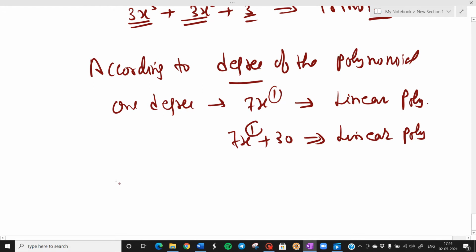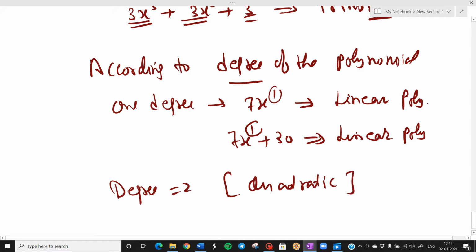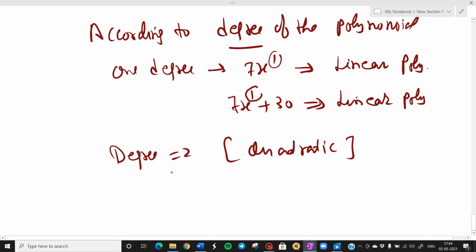इफ डिग्री इज टू, degree that is 2, that is said to be known as quadratic polynomial. We can say here, I'm writing here x square. Yes, its degree is equal to 2, so that is quadratic polynomial.